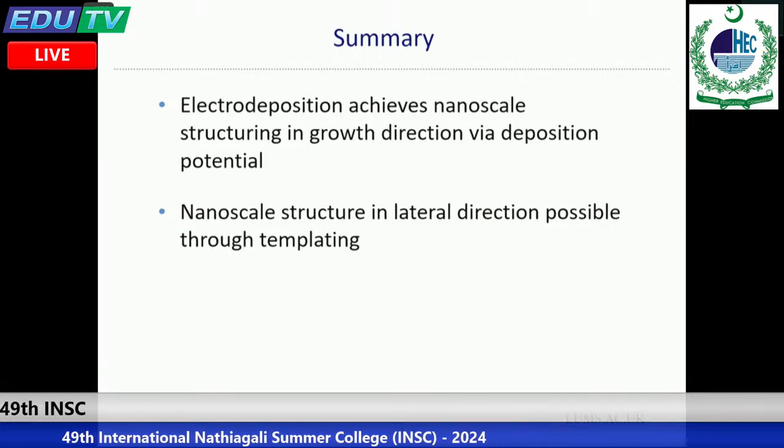So you can't apply a very negative potential for a long time. The way of applying it is then to do pulse deposition. So you deposit for a short time, then you let the solution relax so that the concentration returns, then you deposit again.